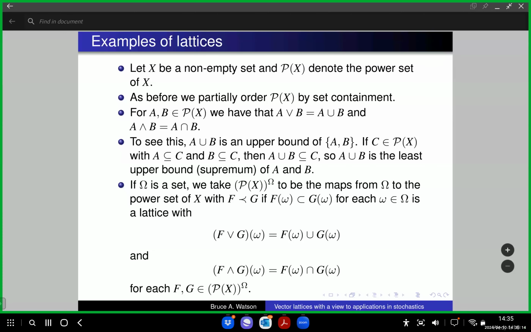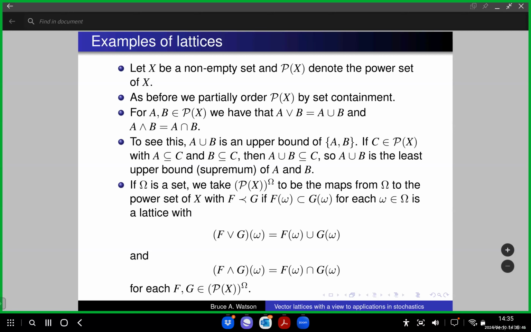Now, the lattice operations, well, supremum and infimum: the supremum of F and G evaluated at ω is F(ω) union G(ω), and the infimum of F and G evaluated at ω. Note, the supremum of F and G is a map from Ω to the power set of X, and the same for the infimum.